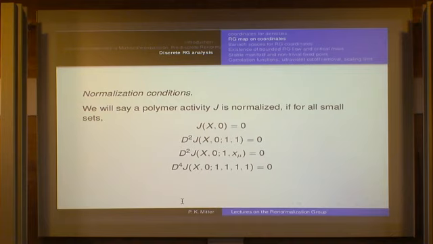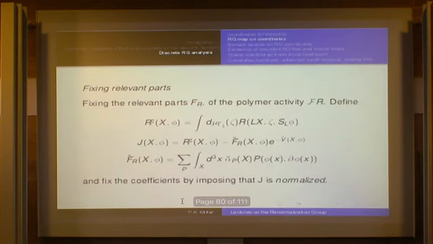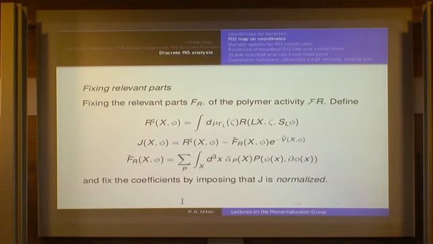Okay, so these are my normalization conditions. Now, as an example, I said there was a remainder.